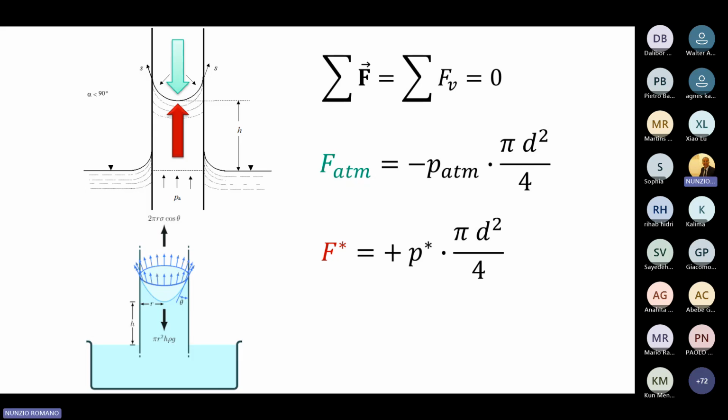Because this meniscus appears because of the surface tension, which you can see in the scheme at the bottom left. There are some forces located in the perimeter of the spherical shell, highlighted by this ellipse here.